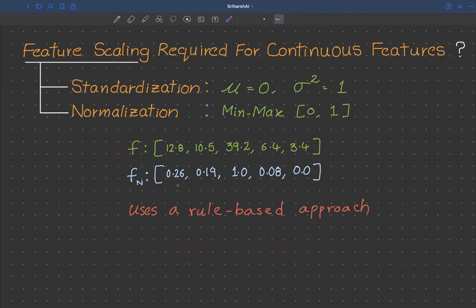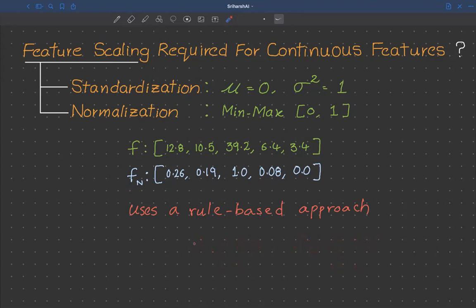Now let's compute the impurity for the transformed feature. We compute the impurity for fn less than or equal to 0.0. So this is one split. Similarly, we compute the impurity for fn less than or equal to 0.08. So what is actually changing here?